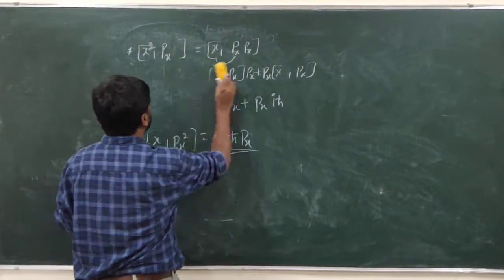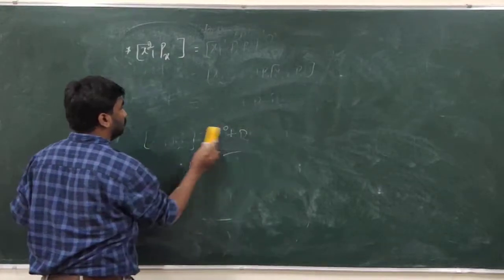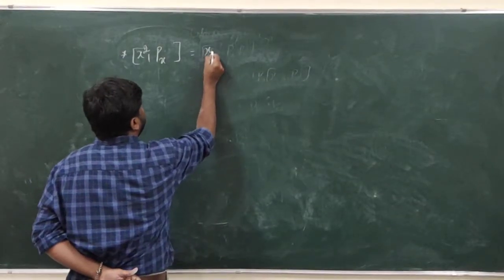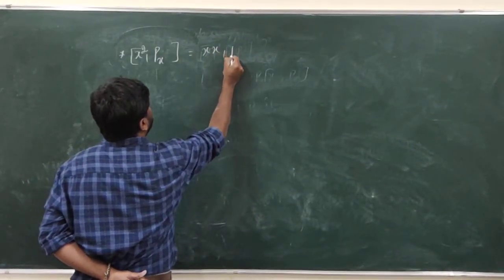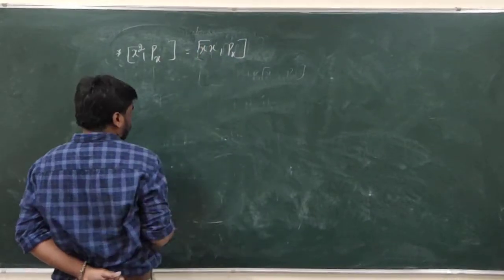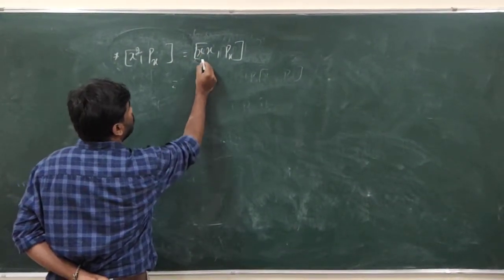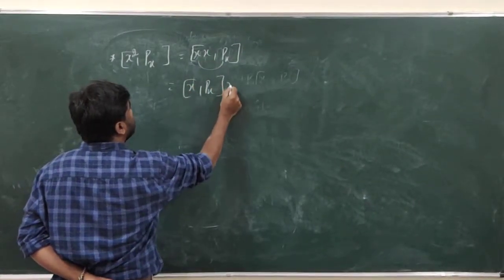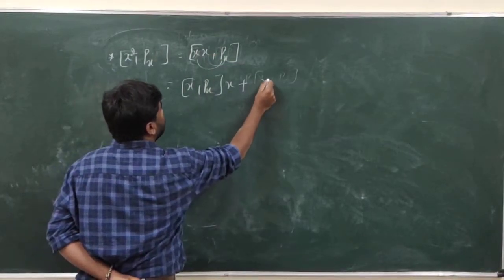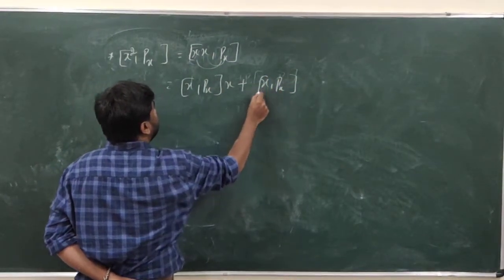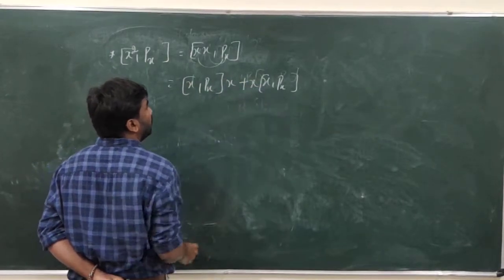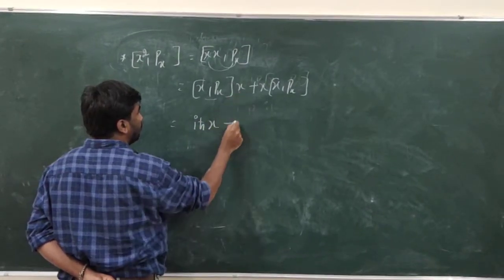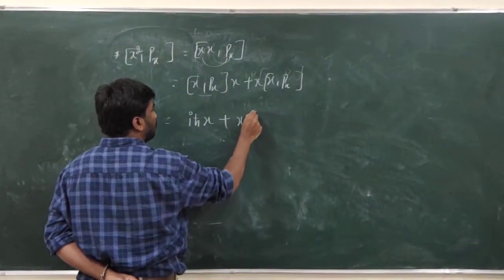What is the relation of [x², px]? This can be written as x[x, px] plus [x, px]x, which is iħ x plus iħ x.